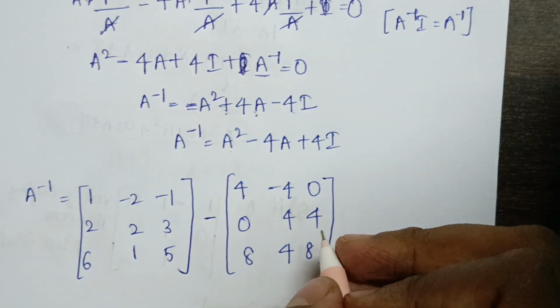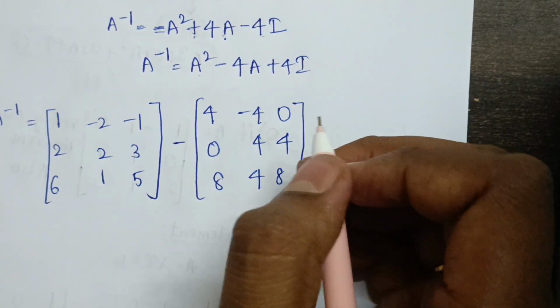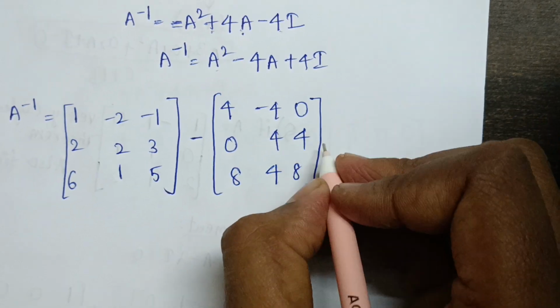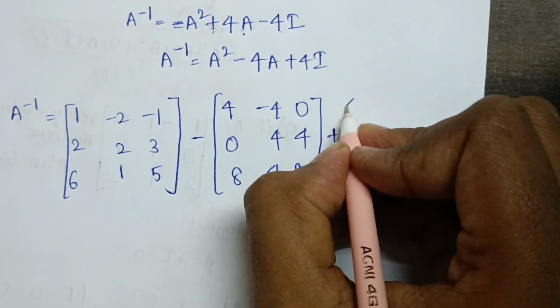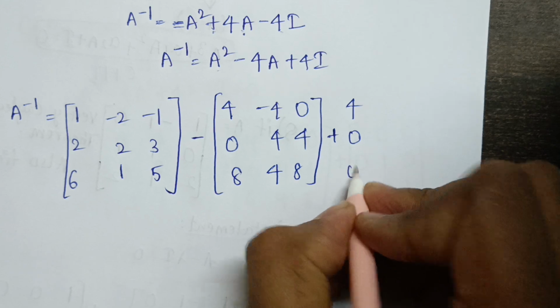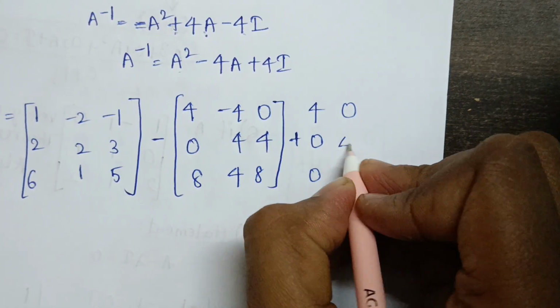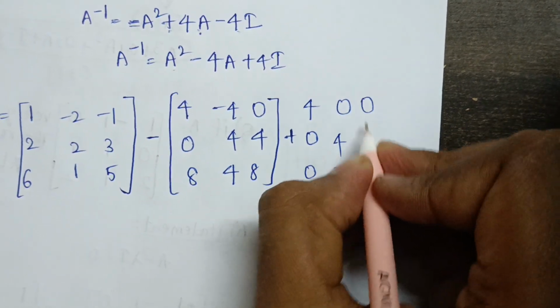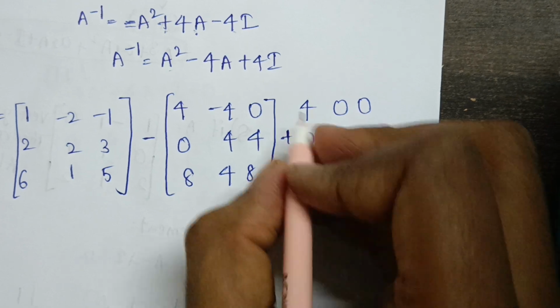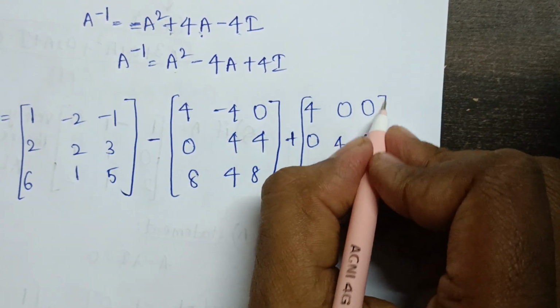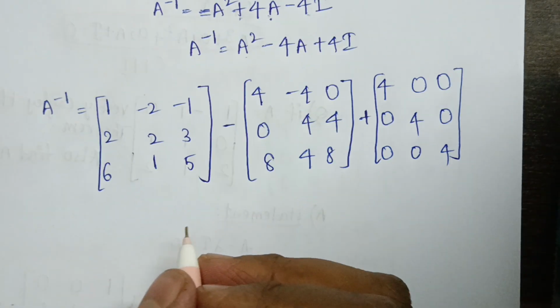In the exam, don't waste your time doing these calculations on your own. Try to do it in the calculator. Plus 4 into I matrix: 4 0 0, 0 4 0, 0 0 and 4.